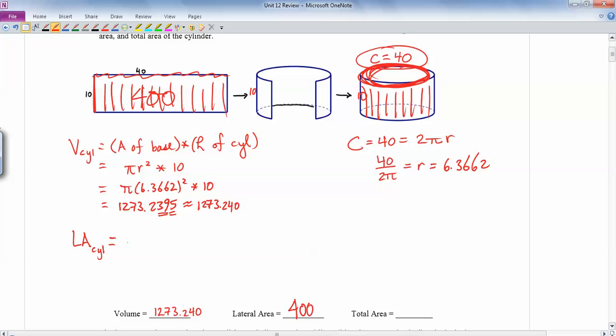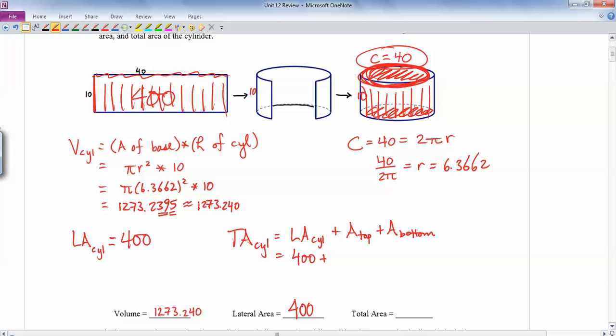And then total area would really be if you pretended that there was a top and a bottom included, like you taped on a top and a bottom. So it's going to be all the walls of the cylinder plus the area of the top and the bottom, which are the areas of the bases. Well, the lateral area we already know is 400.